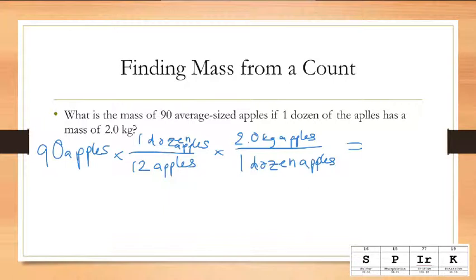So we go back through and see what units cancel. We can cancel dozen with dozen, and we're left with kilograms of apples. That's what we were looking to get. When we multiply that all out, we're left with 15 kilograms of apples. So 90 apples is the same as 15 kilograms of apples.